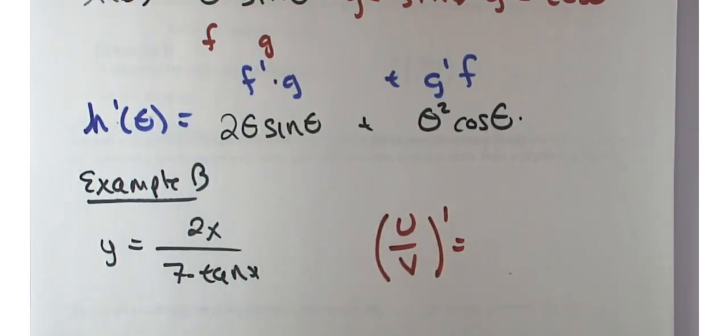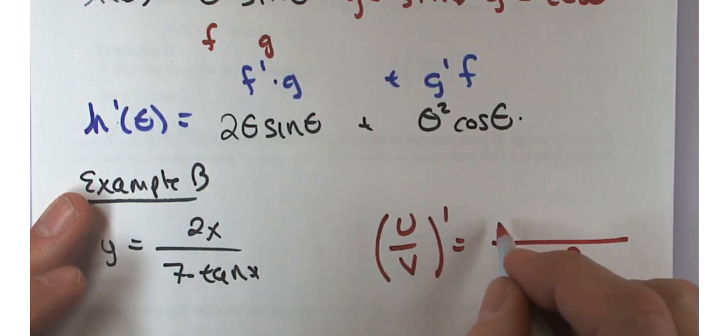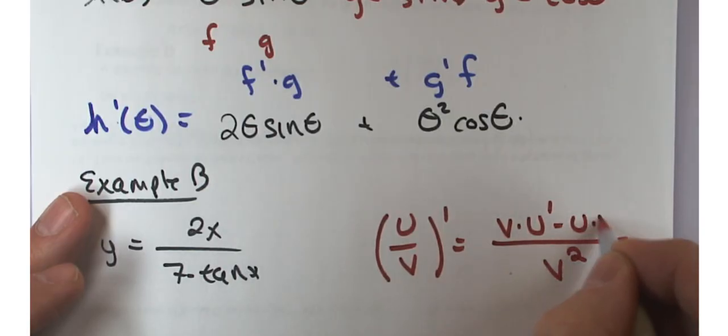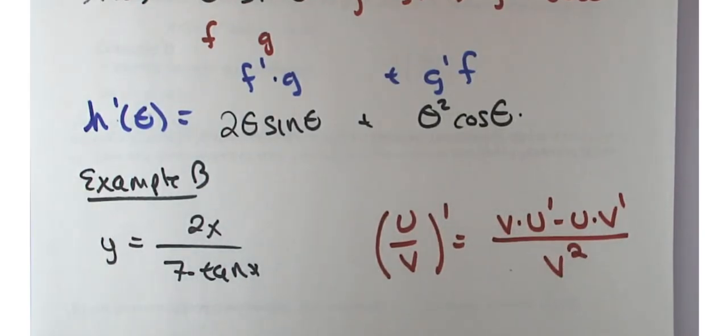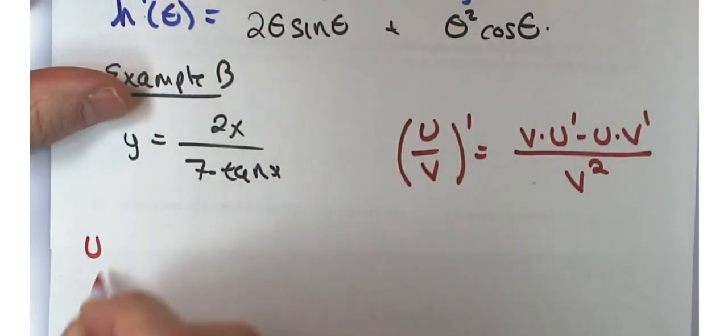U over v, it's going to be v squared, and then v times u prime minus u times v prime. Square the denominator, then the denominator times the derivative of the numerator, and the numerator times the derivative of the denominator.